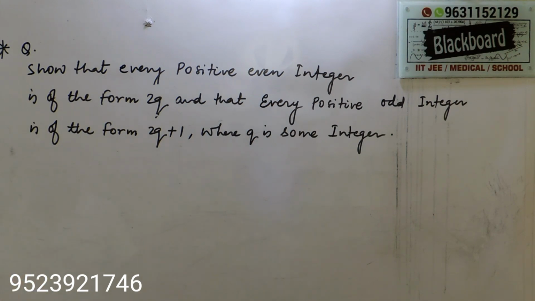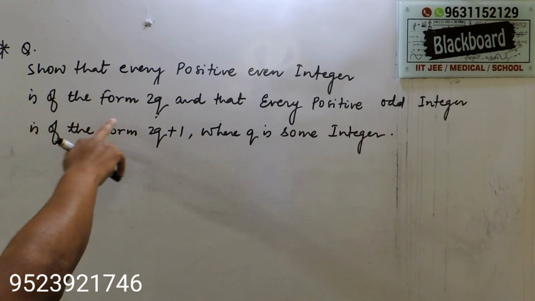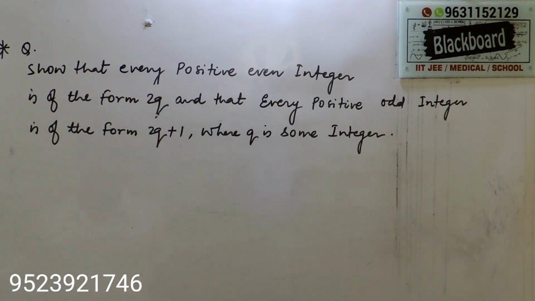Here is a question from NCERT. Prove that every positive even integer is of the form 2q and every positive odd integer is of the form 2q plus 1, where q is some integer.